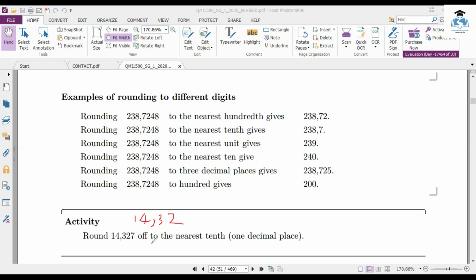All right. Because the 10th is this one, right? So we look at the number after, which is below 5. So we discard this. So it would be 14 comma 3.